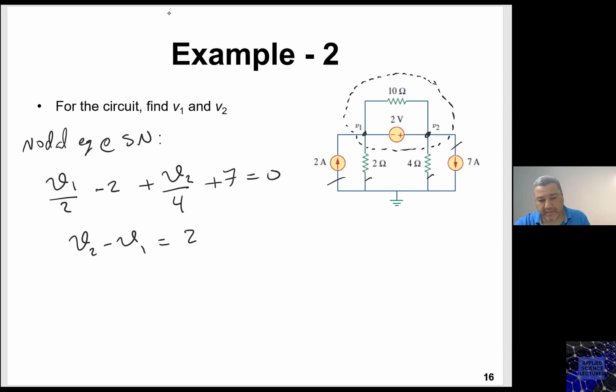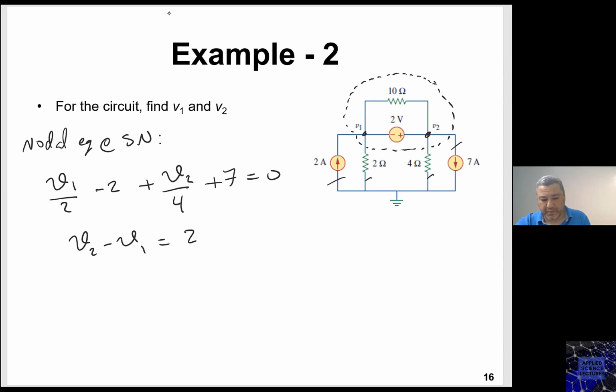So the supernode is basically being treated like any other node. Exactly, no difference, except it has two variables. It has both variables that I'm writing the equation for in the same equation. Okay. So go back to this example 2. Try to write the supernode equation by yourself.